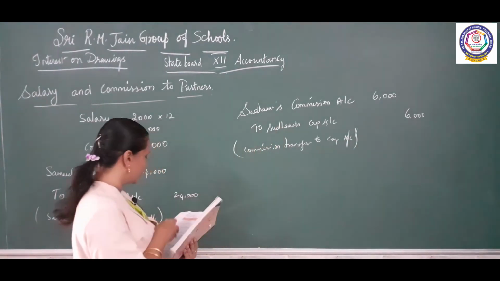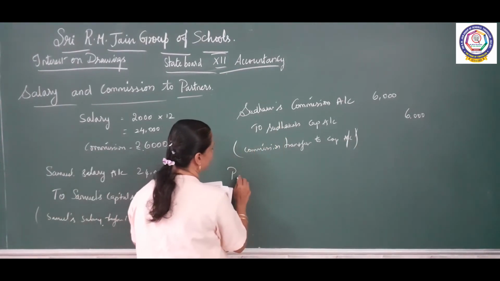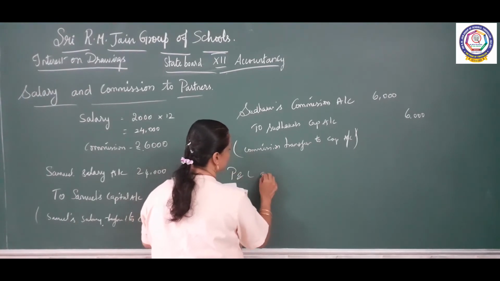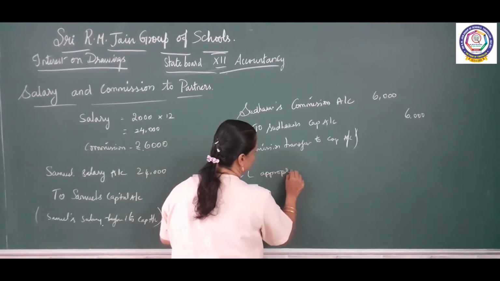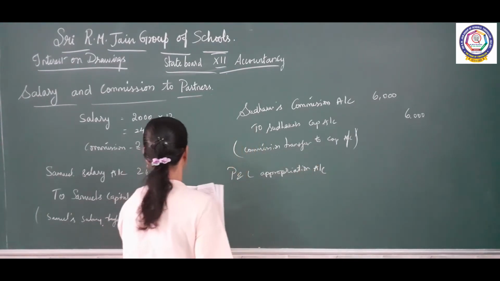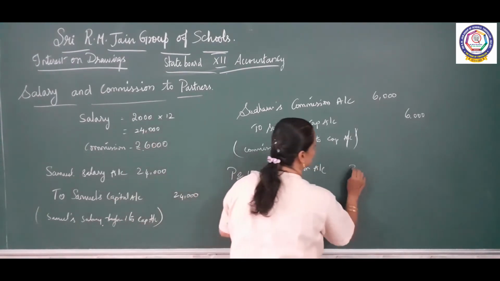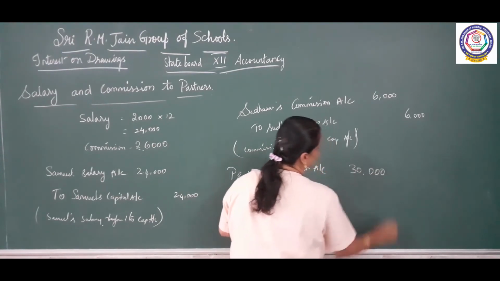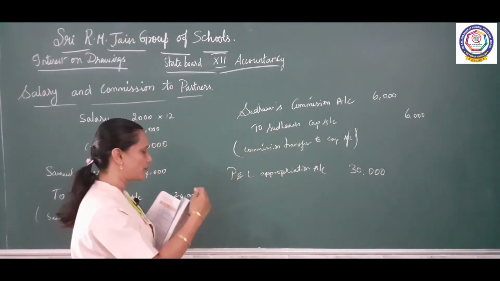And then what should we do? So profit and loss we have to transfer. So profit and loss appropriation account, how much? 24 plus 6, 30,000, isn't it? So 30,000 we have to transfer to the appropriation account.